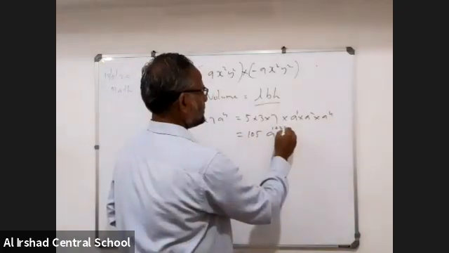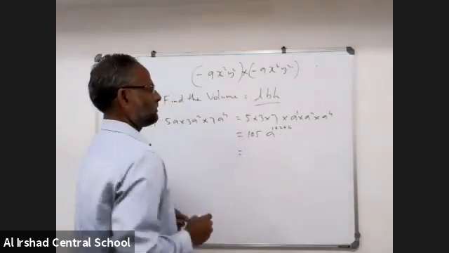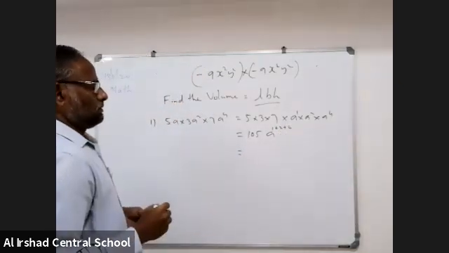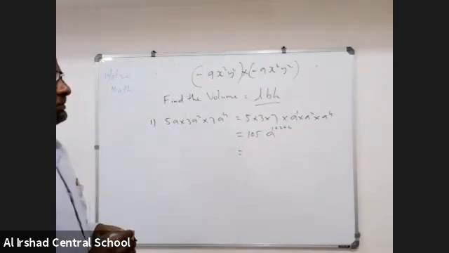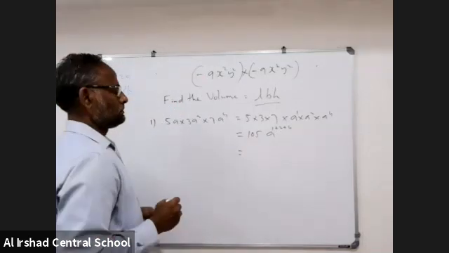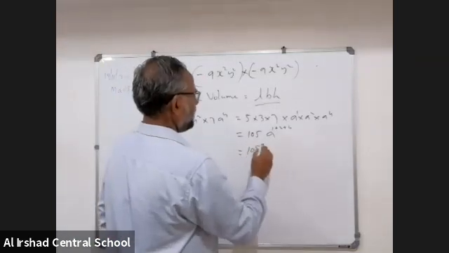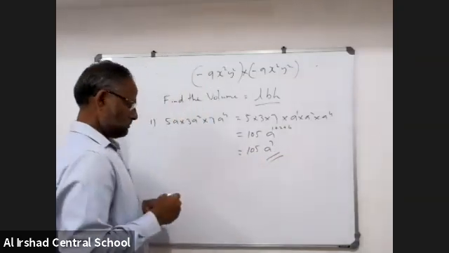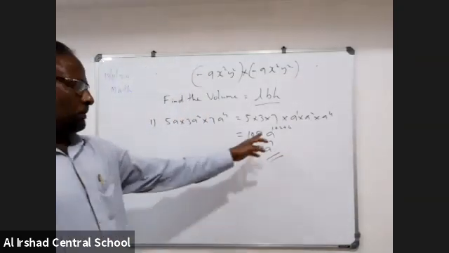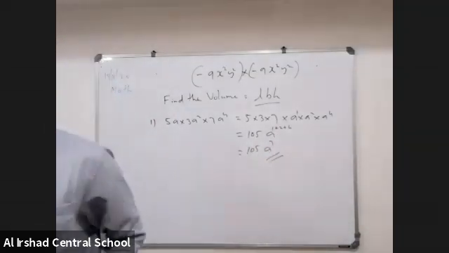And see, add the powers: 1 plus 2 plus 4. If you are not following, 105 a raised to 7. 1 plus 2, 3 plus 4, 7. Correct?